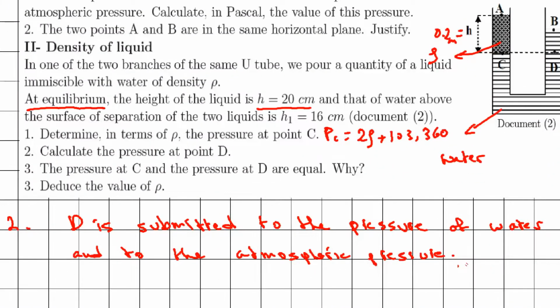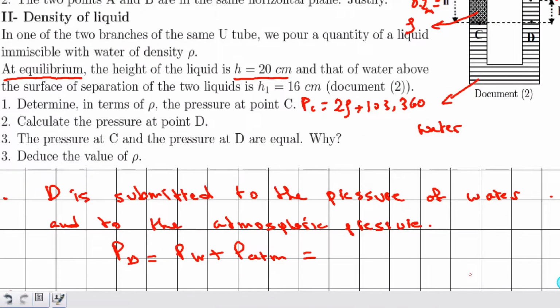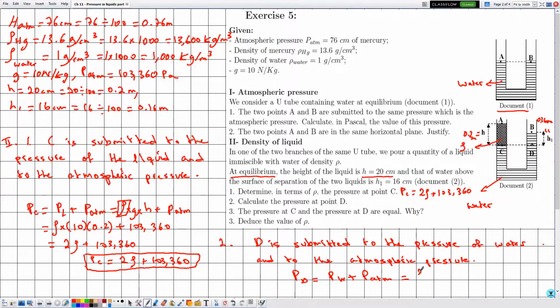As we have said, this statement is important and they usually give it half a mark. So the total pressure at the point D is given by the pressure due to water plus the atmospheric pressure. Now since water represents a liquid, it's the pressure due to liquid, which is given by the density of the liquid times G times H. The density of this liquid, which is water, is given by rho water times G times the depth at which we are calculating this pressure, which is noted by H1, plus the atmospheric pressure. Let me make some space here.